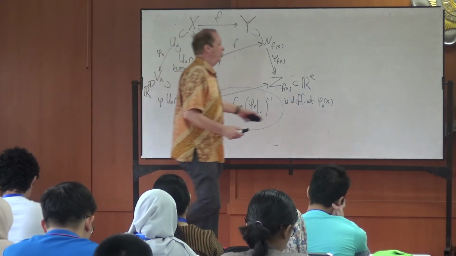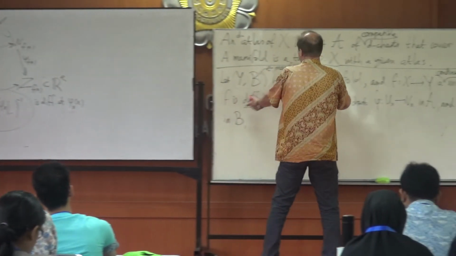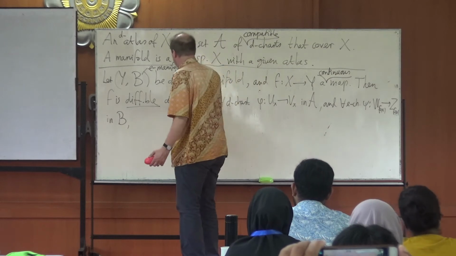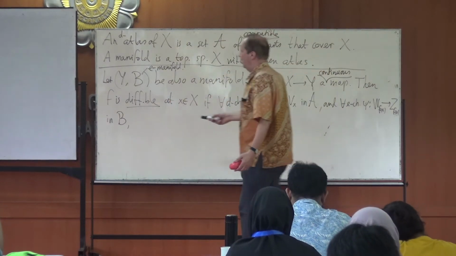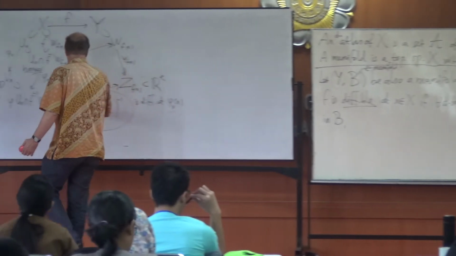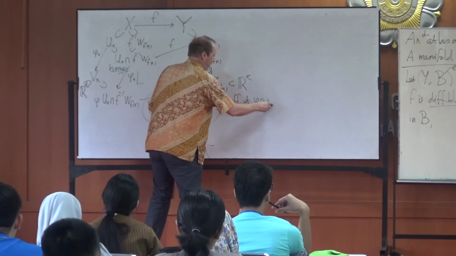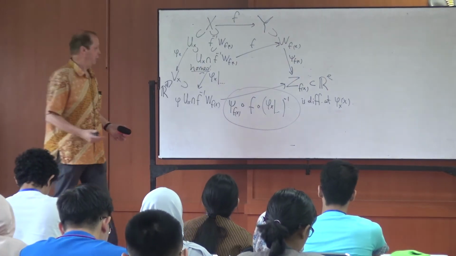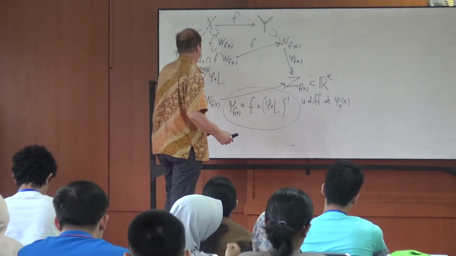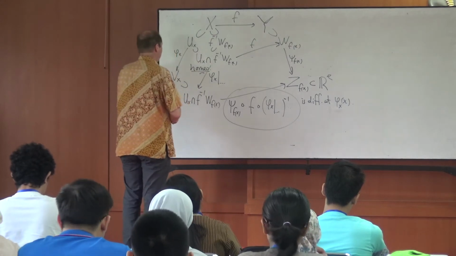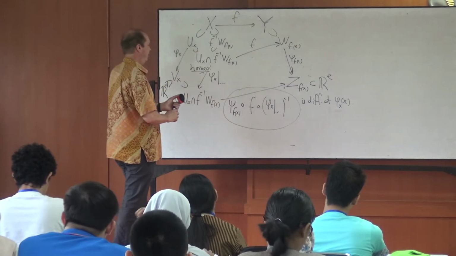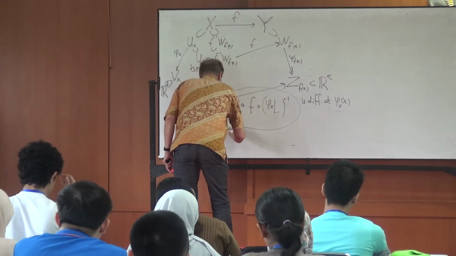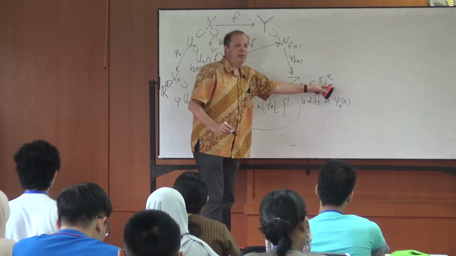Okay, this is differentiable. So I think it makes sense now, right? It says f is differentiable at the point if this map is differentiable at that point. Okay? And differentiable means as many times as you like. So what does this map look like? An element here is an element in R^d.